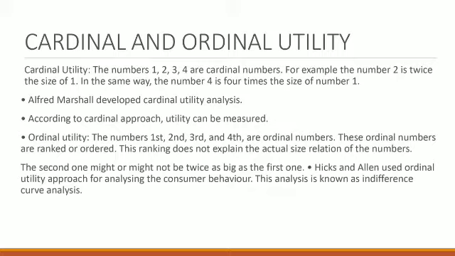In the same way, the number 4 is 4 times the size of 1. Alfred Marshall developed cardinal utility analysis in the law of diminishing marginal utility. According to the cardinal utility approach, utility can be measured in terms of numbers, that is 1, 2, 3 like that.